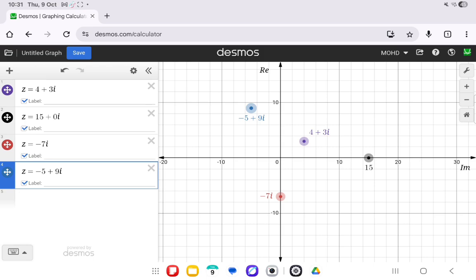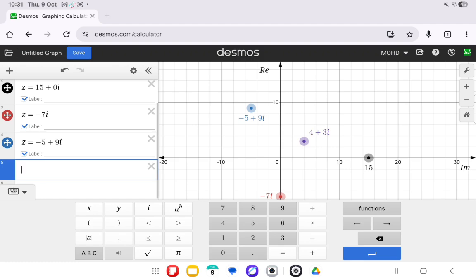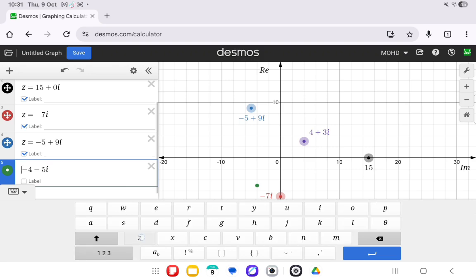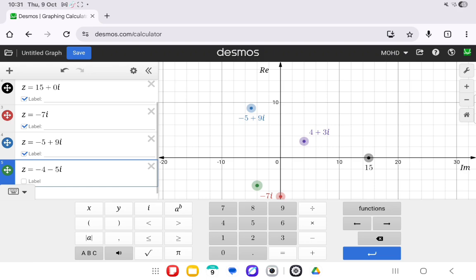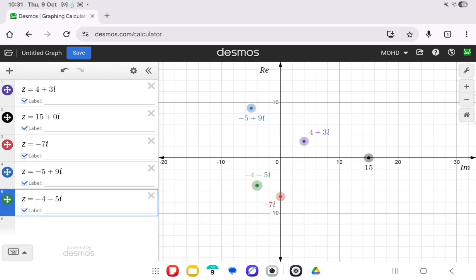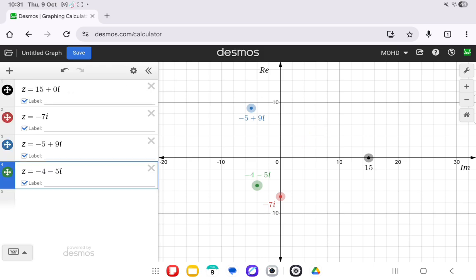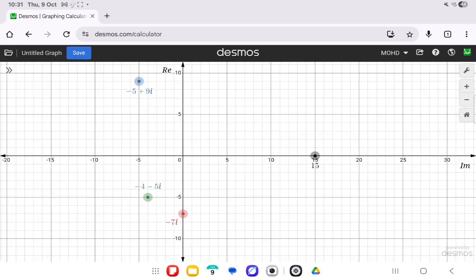And lastly, we have negative 4 minus 5j, negative 4 minus 5i. Alright, so here's everything. Now let me exclude our initial example. So basically this is all the plots.